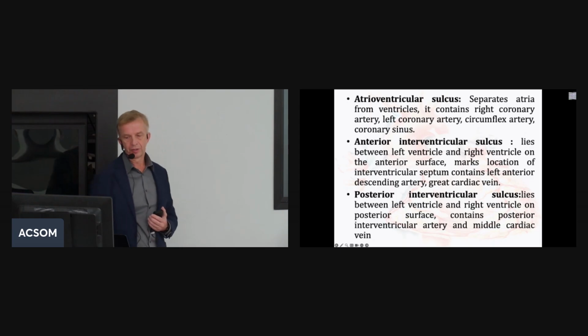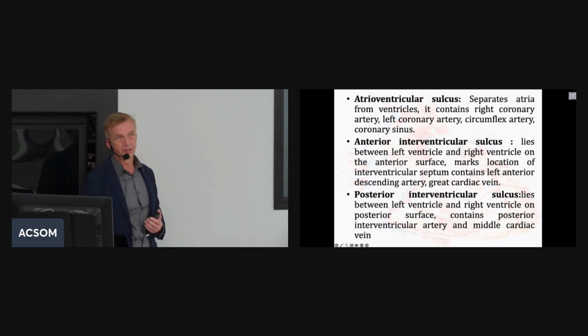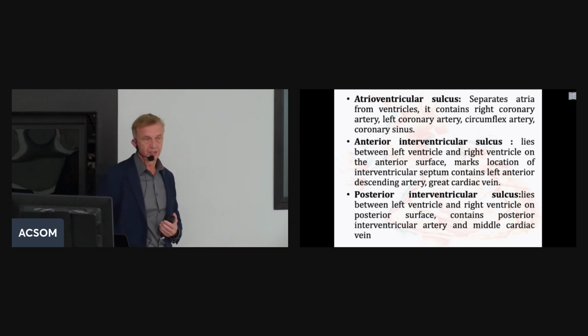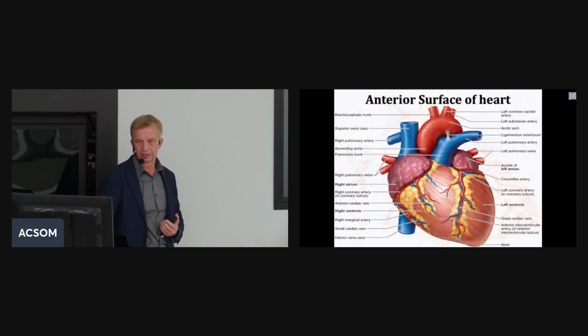The anterior interventricular sulcus contains the left anterior descending artery and great cardiac vein, and the posterior interventricular sulcus has the posterior interventricular artery or posterior descending artery and middle cardiac vein. I will show you pictures again in more detail.